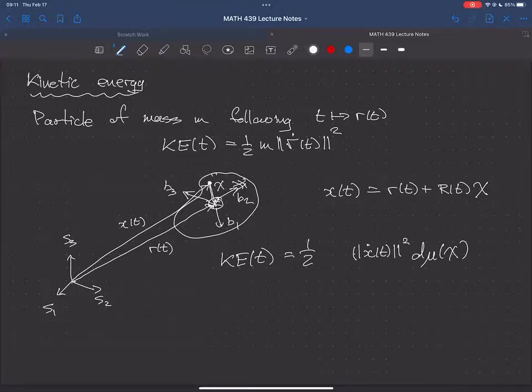That's the kinetic energy of a little lump of mass at the point x, and to get the kinetic energy of the whole body, I integrate. So that's the kinetic energy of the entire rigid body. And then you just do a substitution now.